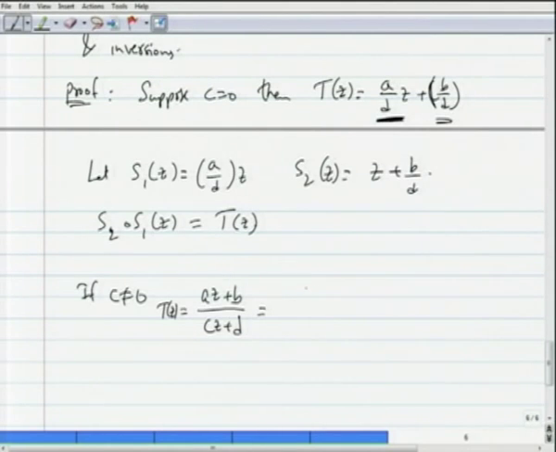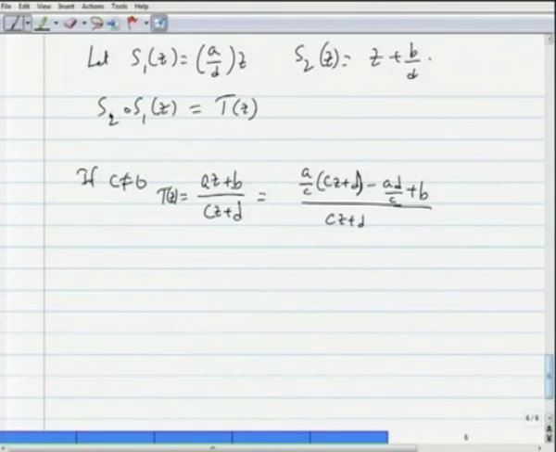So, I am dividing the denominator into the numerator. So, I will write a by c. Since c is not 0, I can write the numerator as a by c times (cz plus d) plus b divided by cz plus d. I apologize, I need a minus. I have added ad by c, so I subtract ad by c and then I have a plus b.